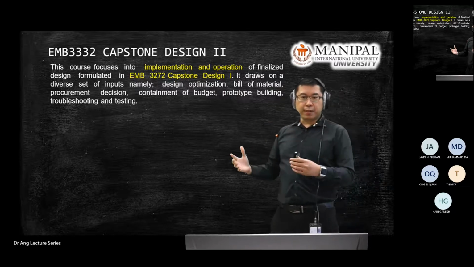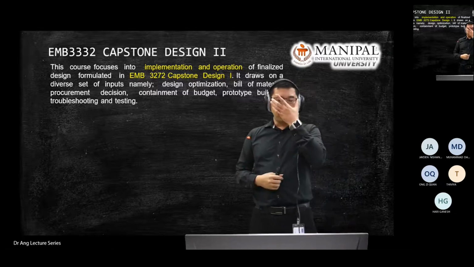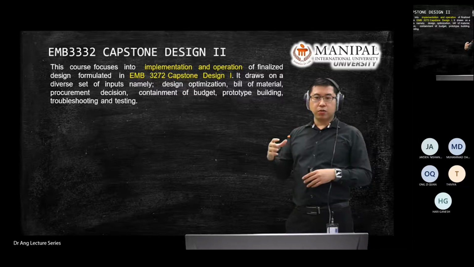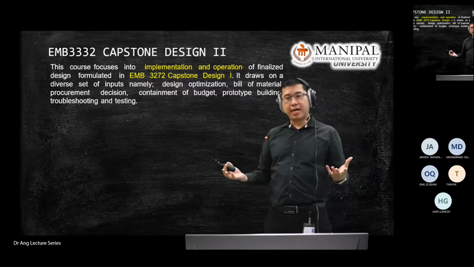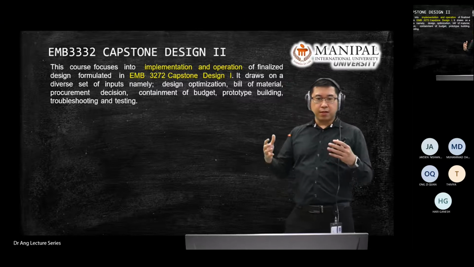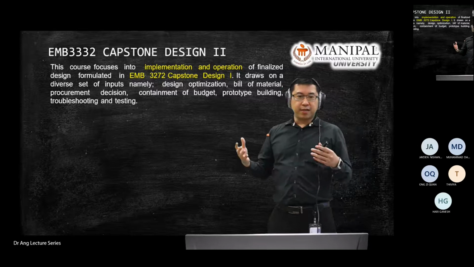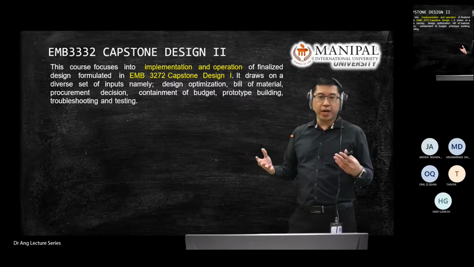But when it comes to Capstone Design 2, you need to get your hands dirty, and you might need to get ready to come back to campus to build your design. If you have a workshop in your house and you're able to build the prototype of your design, then by all means let me know, and also at least we know where you are.